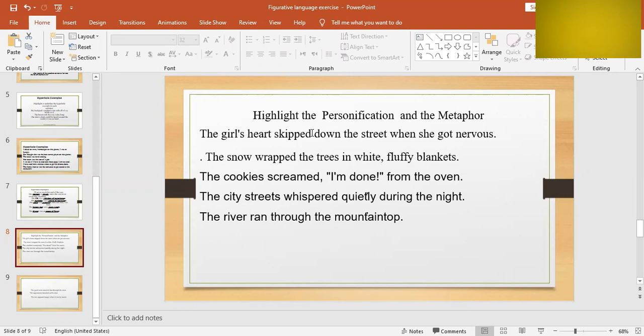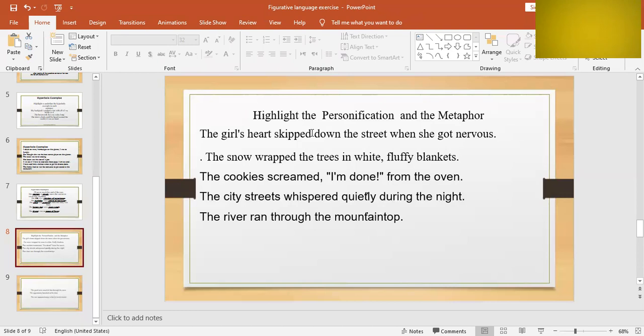Cookies screamed, shouted aloud. Cookies, cakes in the oven. You put your cakes in the oven. Cookies scream, I am done from the oven. Cookies which are in the oven screamed, I am done. It means maybe it sent a strong smell of something burning.